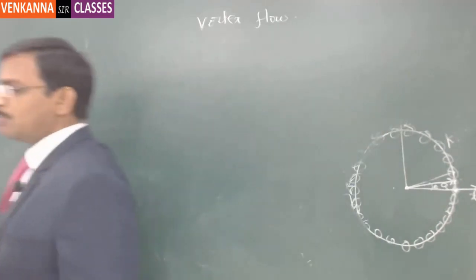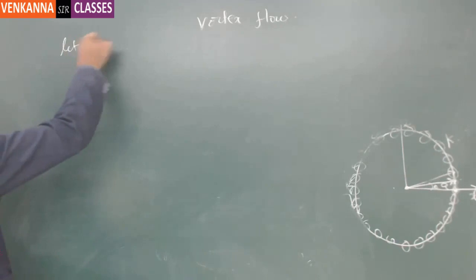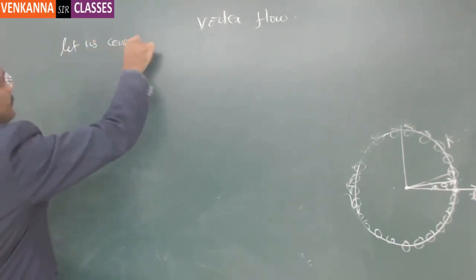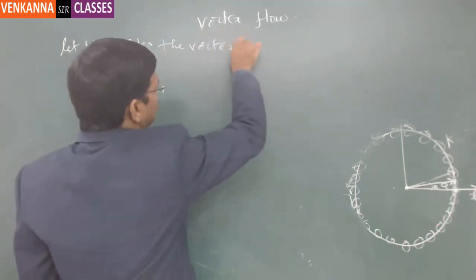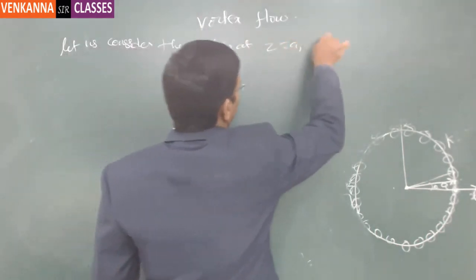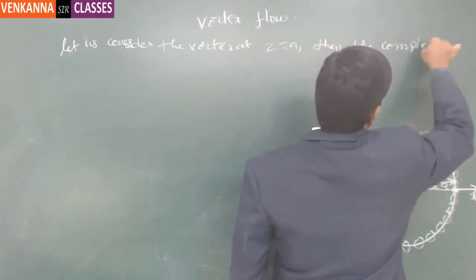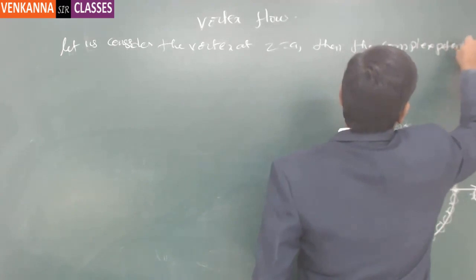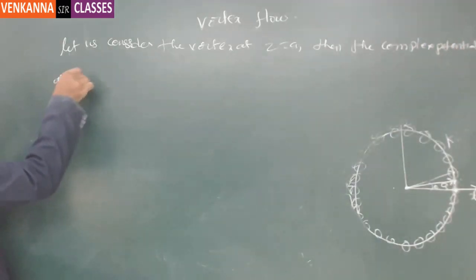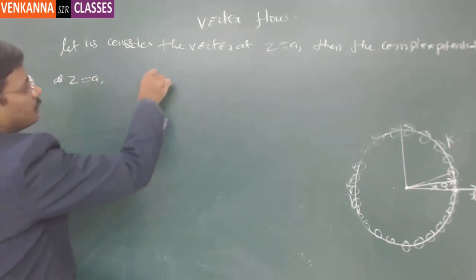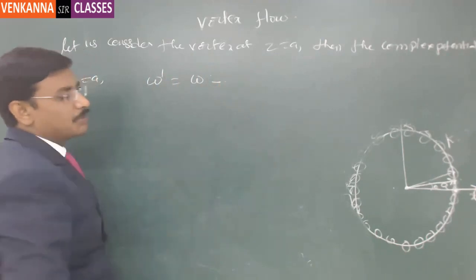Now what is the complex potential at z = a? Let us consider the vertex at point A, the vertex at z = a. Then the complex potential at z = a is nothing but the total complex potential W' minus the complex potential of this vertex.